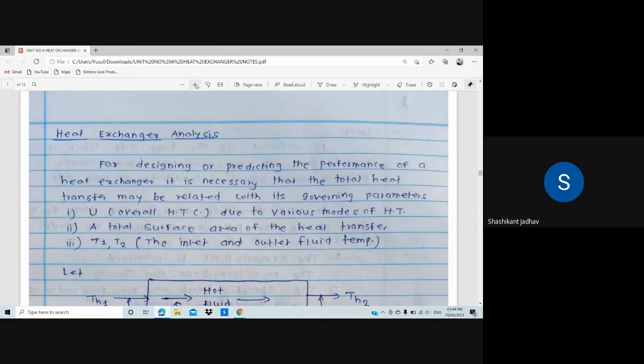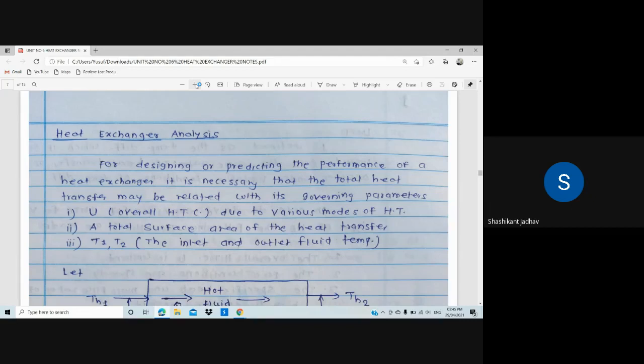For that, what are the different parameters we require? We have to discuss the different parameters related to the design of a heat exchanger. The first one is U. What is the meaning of capital U?